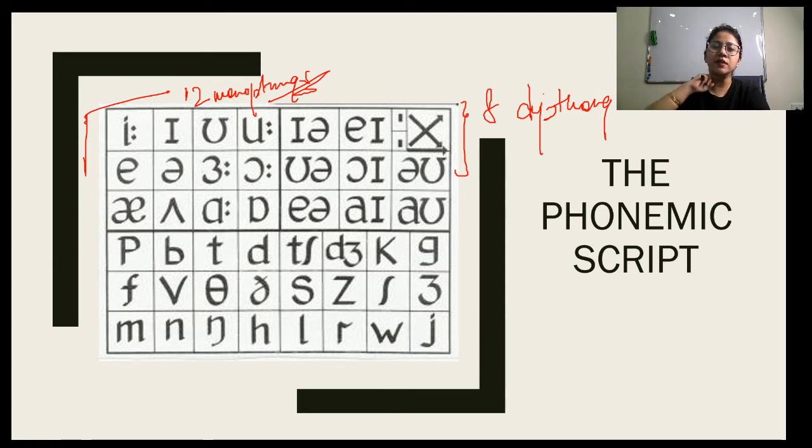Diphthongs are dual sounds. One sound originates in your tongue and the other sound originates in your vocal apparatus, which is your throat, and it could be on the upper part or the lower part, depending on which sound you're pronouncing.